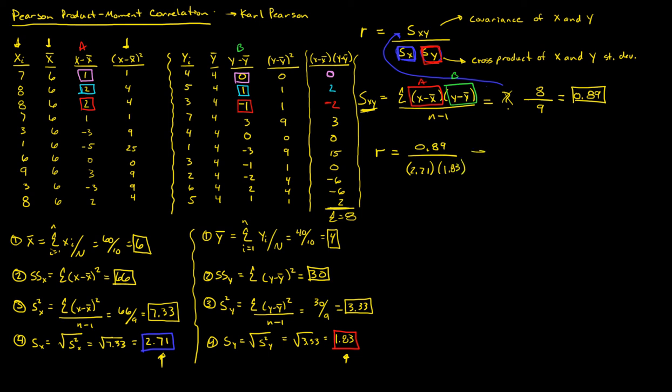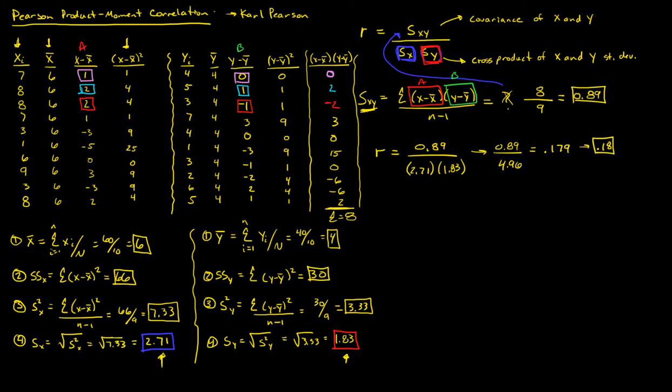So this will then reduce to 0.89 divided by 4.96, which equals, to 3 decimals, 0.179, which you could then round to, say, 0.18. And that would be your R value.